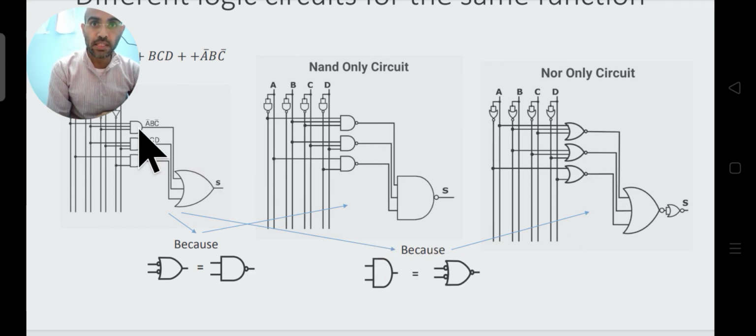So the input which was previously connected to A bar will now be connected to A. The inputs to this NOR gate are coming from A, B bar and C, rather than from A bar, B, C bar. So this is equivalent to this NOR gate.